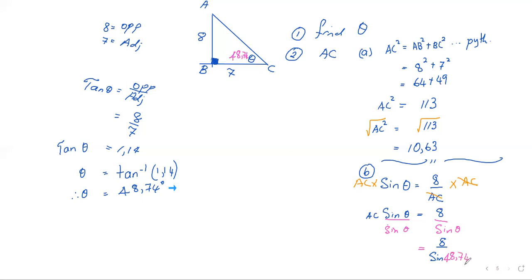Now, you say 8 divided by the sine of 48.74, you get 10.64.